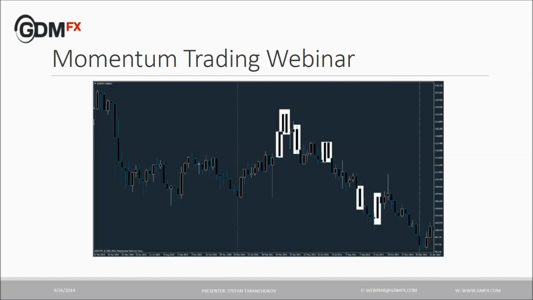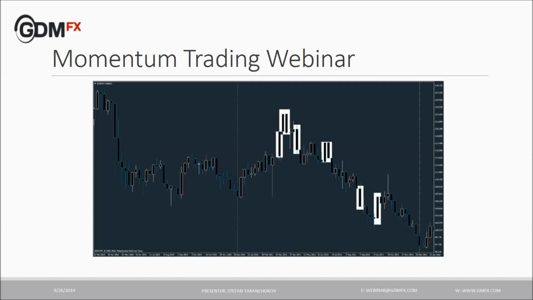Coming back to this chart, just to, again, recap, the first step in this strategy is to look at a weekly chart. This chart is the weekly chart of the euro versus the Japanese yen. We're looking for large candles which have little or no shadows.